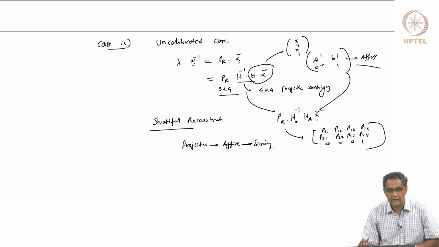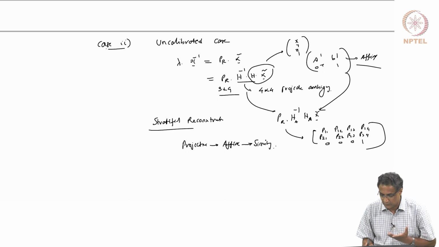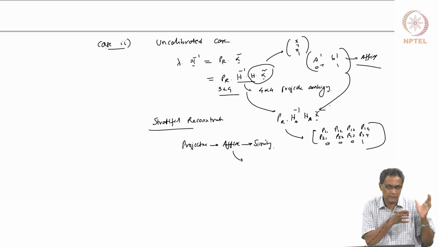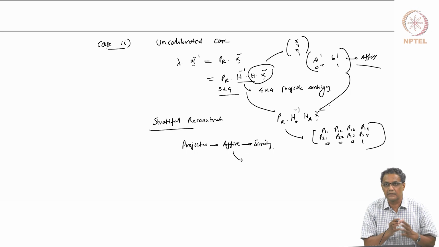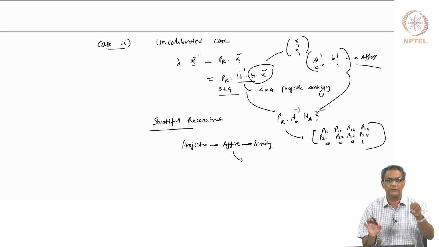How far I can go depends upon how much information you give me. If you tell me that the camera model is affine, then I know that it's not really a projective kind of ambiguity, which means parallel lines will still remain parallel. That much I can tell.